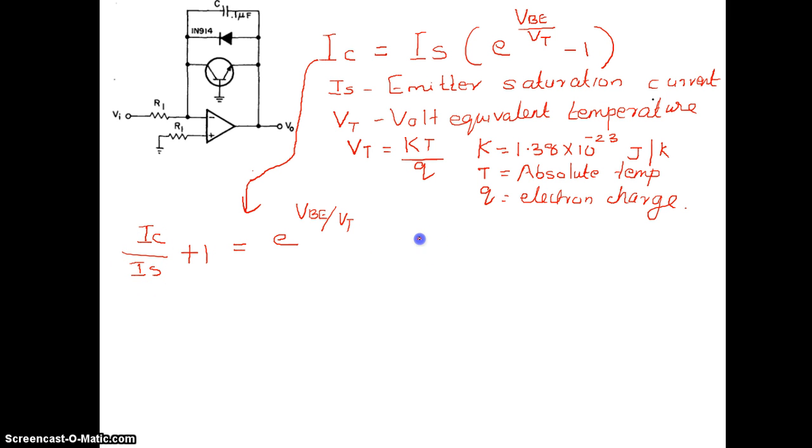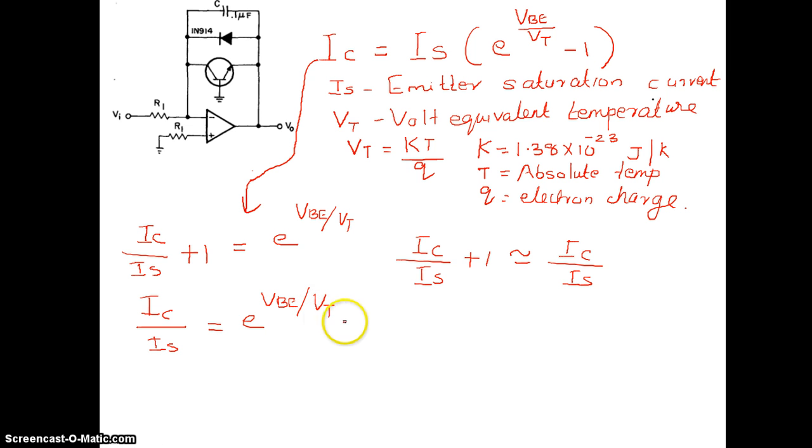So IC by IS plus 1 is almost equal to IC by IS itself. So IC by IS equals e raised to VBE divided by VT. To remove the exponential, I have to take the natural logarithm on both sides.